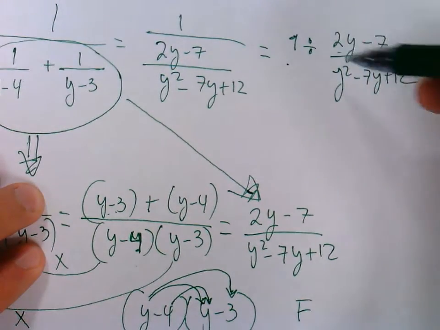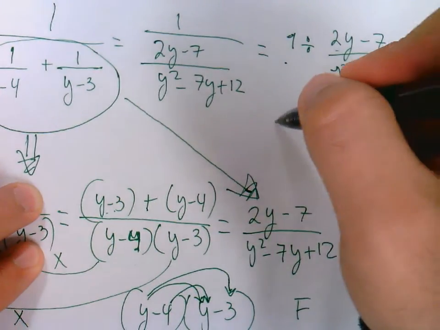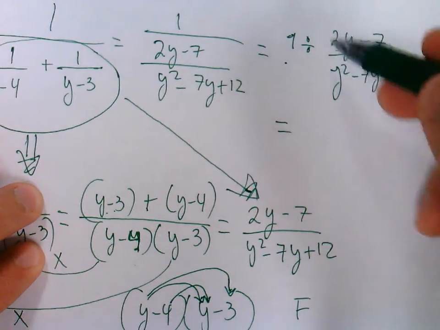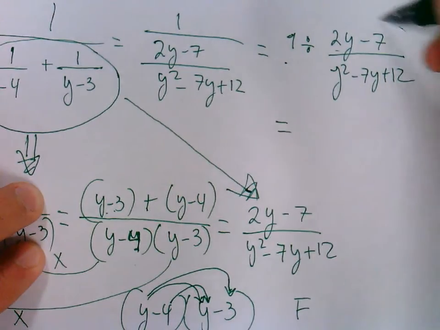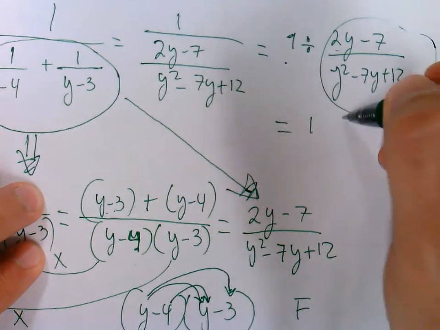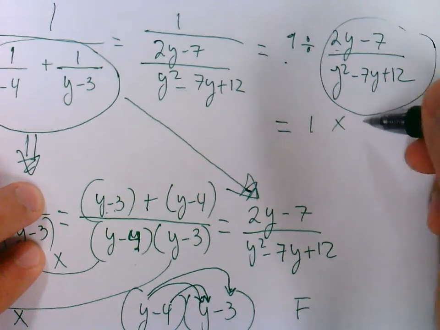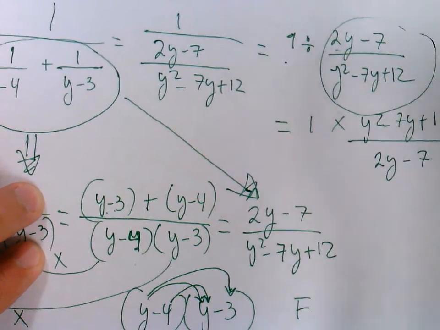Again, because we cannot divide fractions, I'm going to multiply by the reciprocal of my quotient. In this case it is this rational expression. So it's 1 times the reciprocal of this, which is y squared minus 7y plus 12 over 2y minus 7.